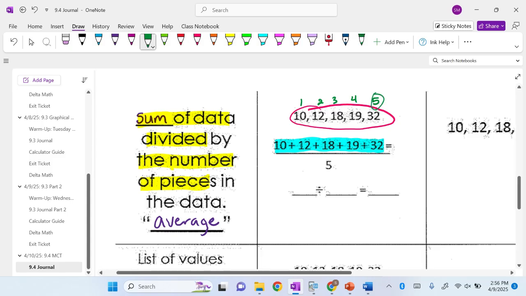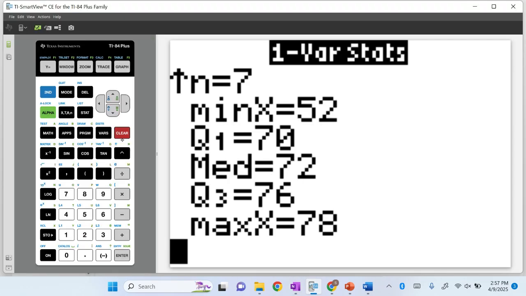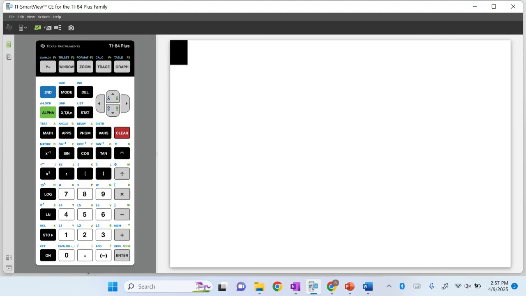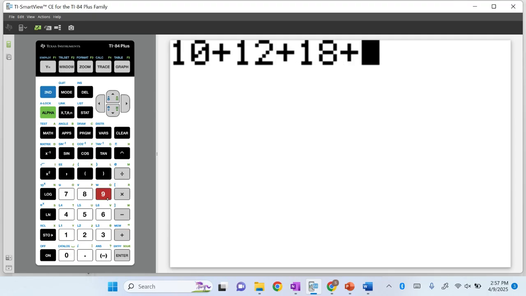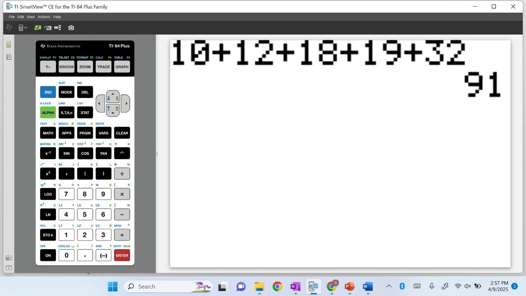So we're going to divide it by 5 here. First things first, we're going to add these numbers up, which you can do fairly easily in your calculator. So I have 10 plus 12 plus 18 plus 19 plus 32. I'm going to hit enter. That's 91.